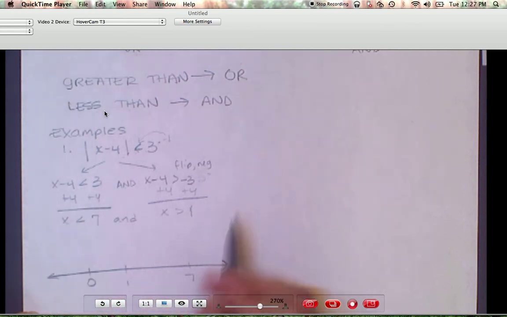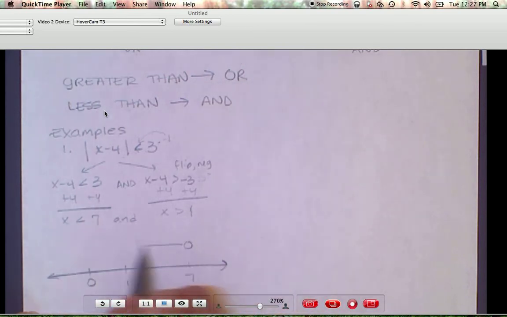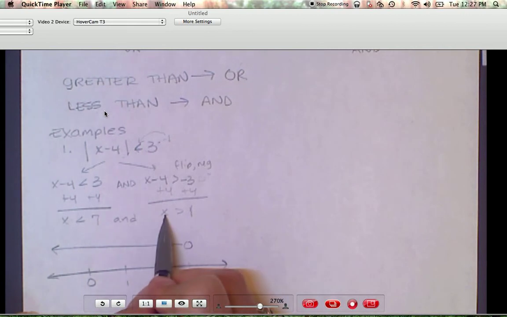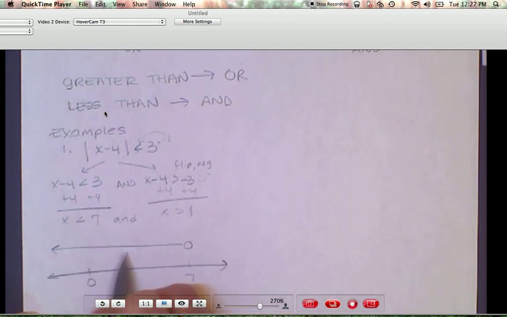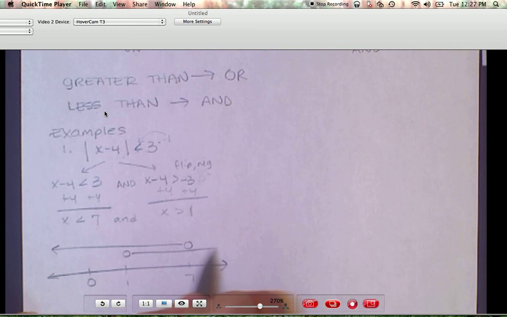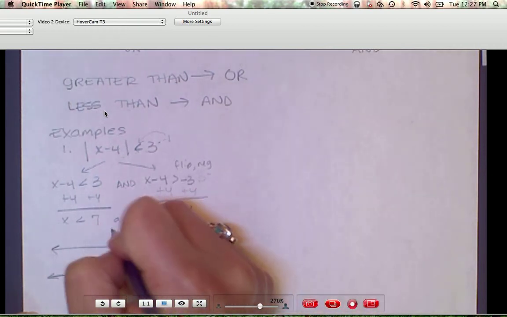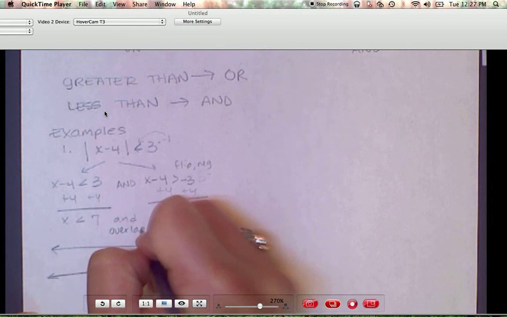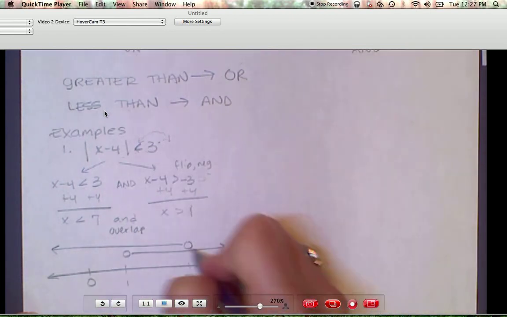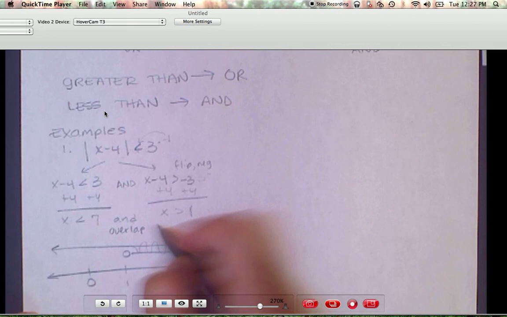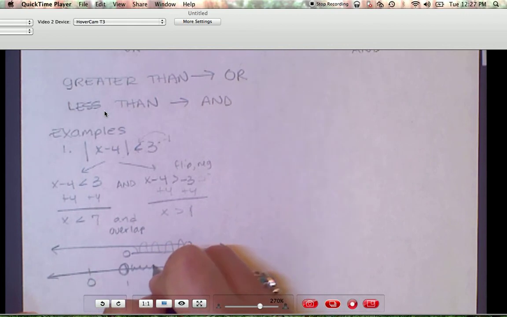X is less than 7. That would be an open circle and everything less than 7. X is greater than 1. That would be an open circle and everything greater than 1. And this tells us that we're using the keyword overlap. So we want to find the place where these two overlap and bring that down to the final number line.